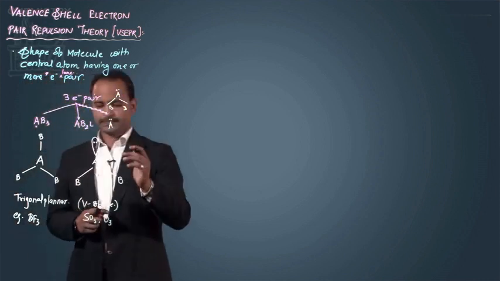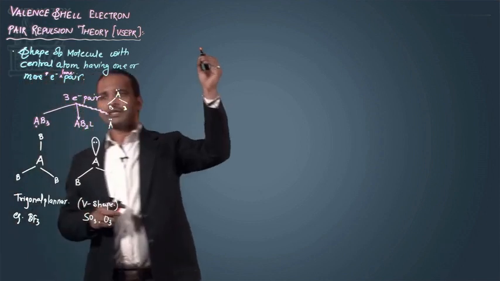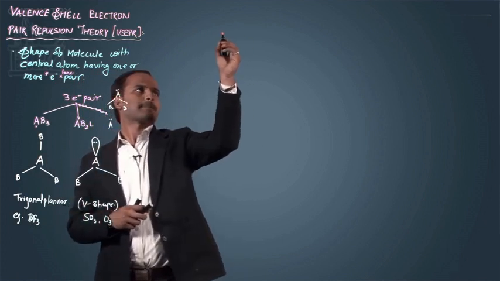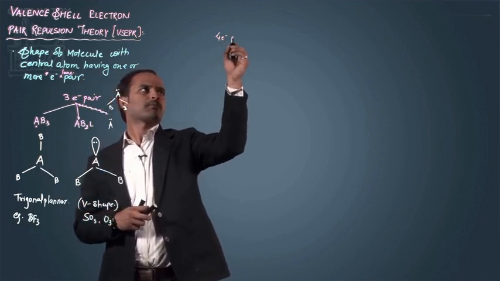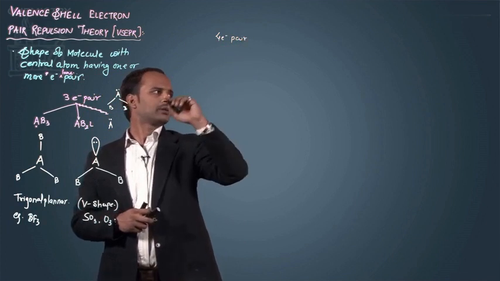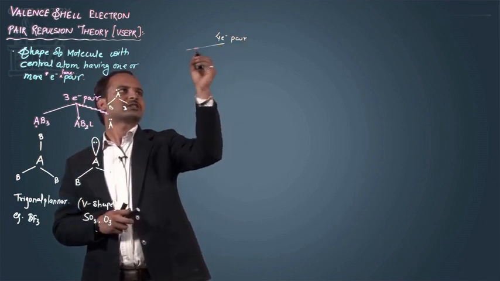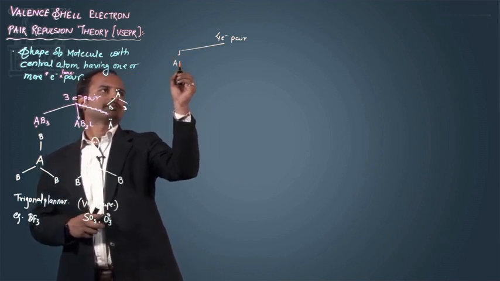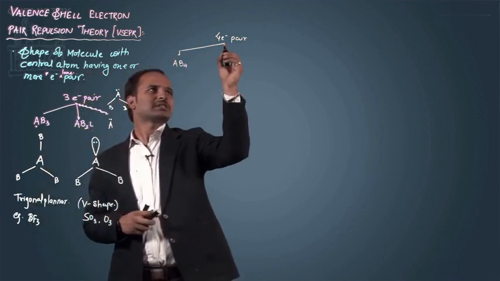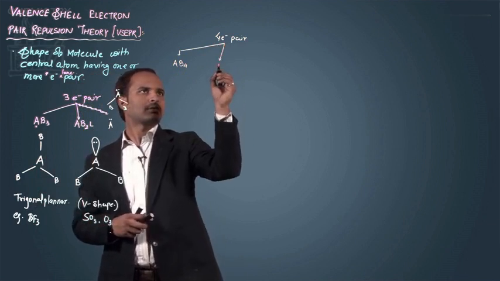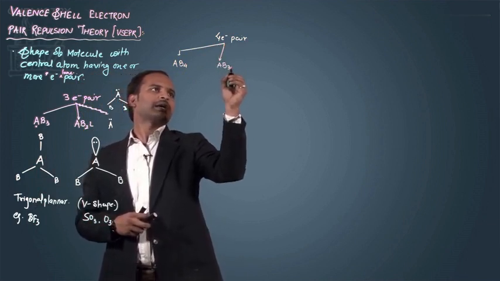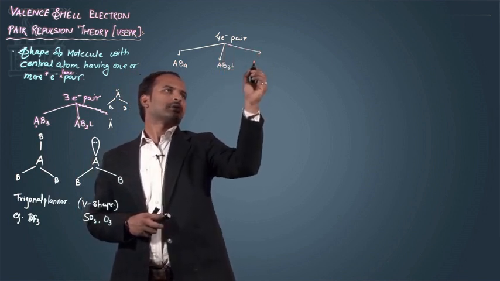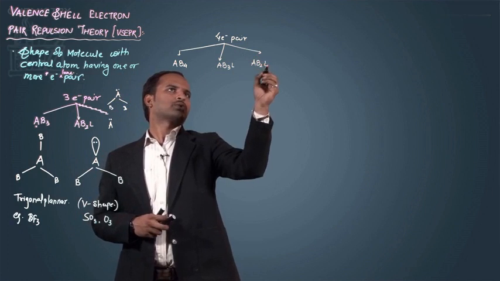Then next, if there are 4 electron pairs, then what happens? Total electron pairs are 4. If 4 electron pairs, it means it is forming 4 bonds. The first one is AB4, the second is AB3L, and the fourth is AB2L2.